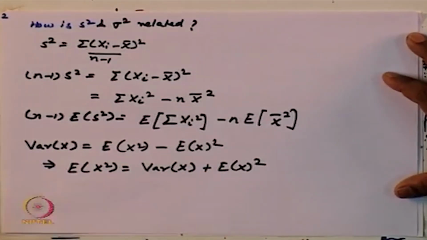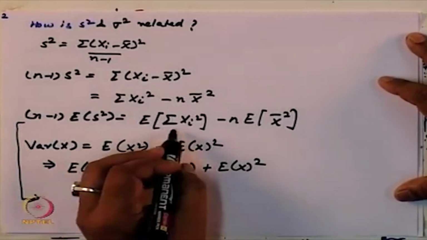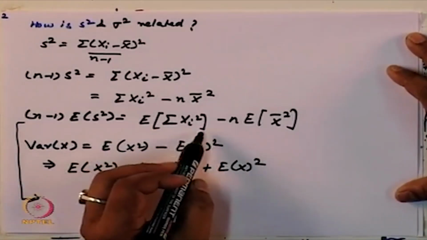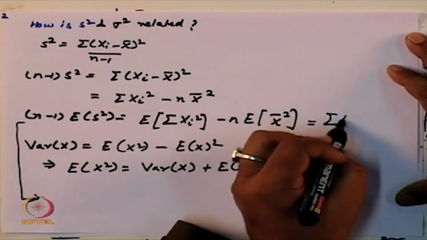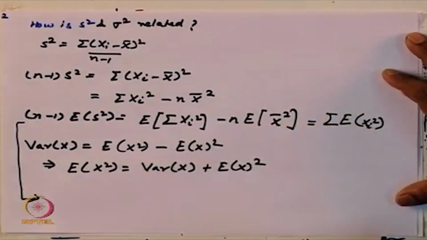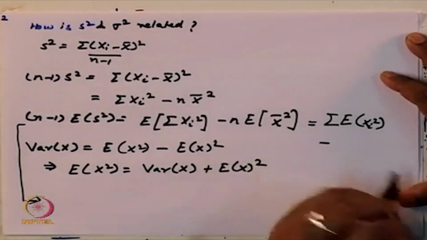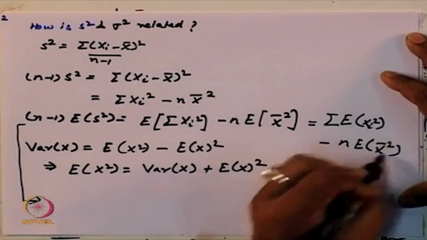Because each of the X_i's is independent, I can write this as the summation of E of X_i square minus n times E of X bar square.